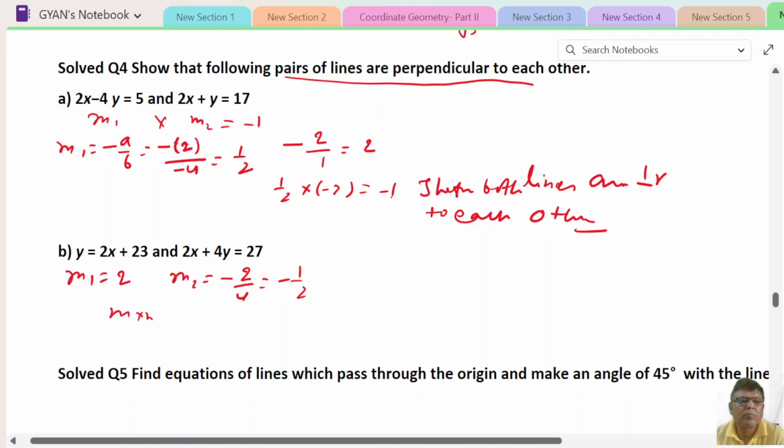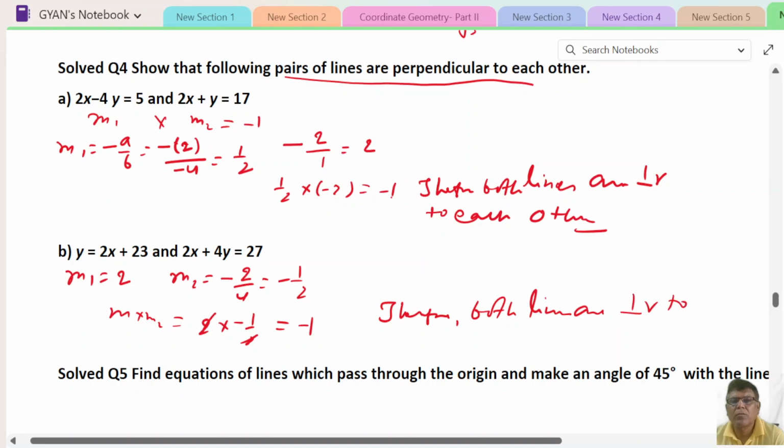So m1 into m2 is equal to 2 into minus half is equal to minus 1. Hence, therefore, both lines are perpendicular to each other.